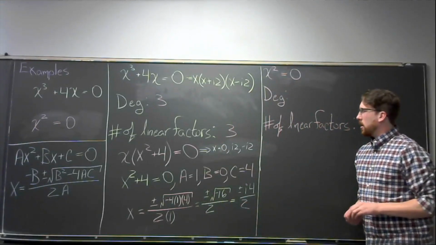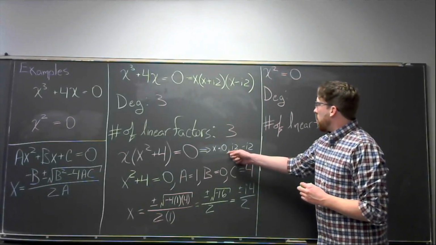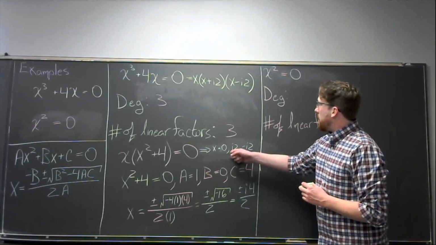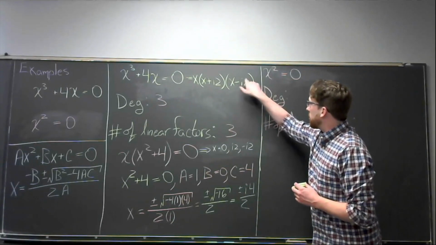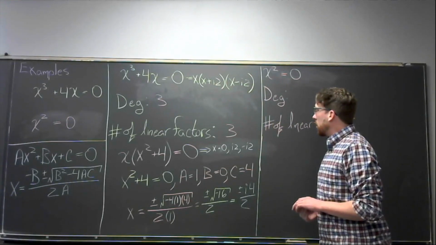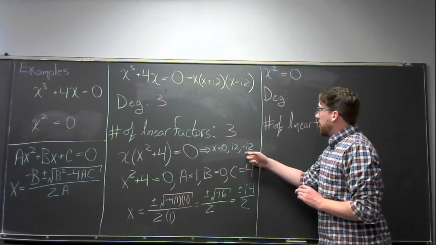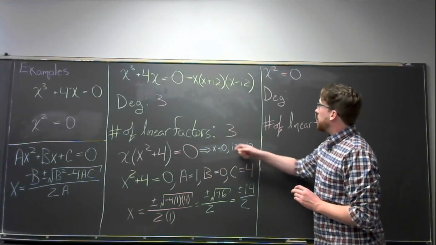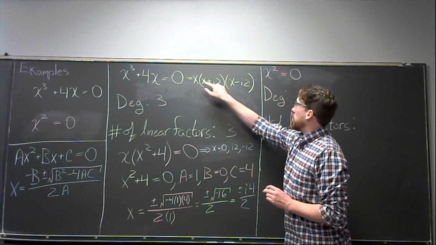Now, why is that? Well, look what happens. When x is equal to imaginary 2, this term goes to 0, so all this has to be 0. When x is equal to, my mistake, negative I2, this term goes to 0.